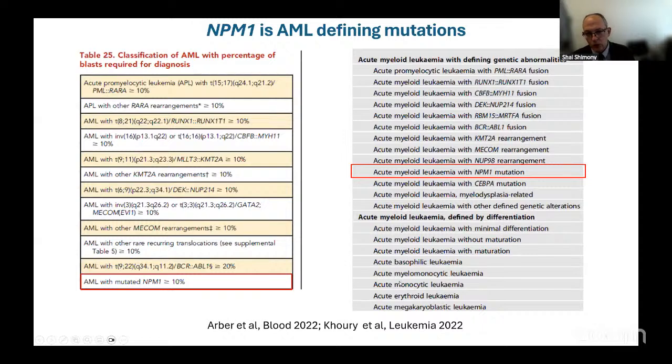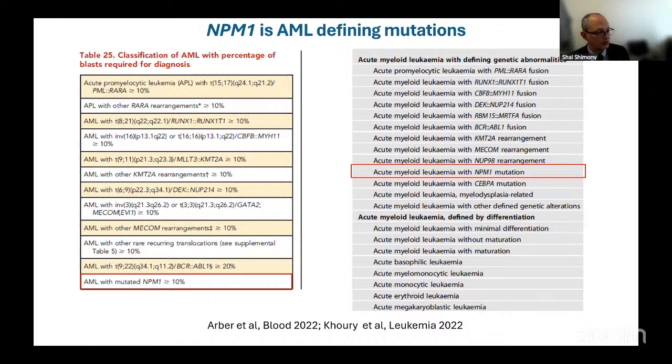In 2022, the mutated NPM1 by itself became an AML defining event, which means if a patient comes to us with abnormal counts and I find an NPM1 mutation, on the right you see the WHO criteria, which define that irrespective of whether he has any blasts or bad cells, he is called NPM1 acute myeloid leukemia.